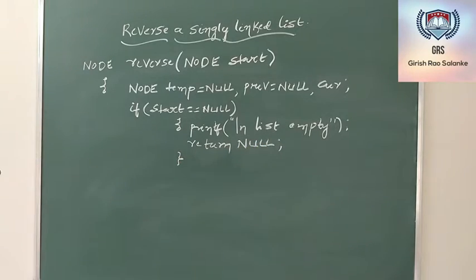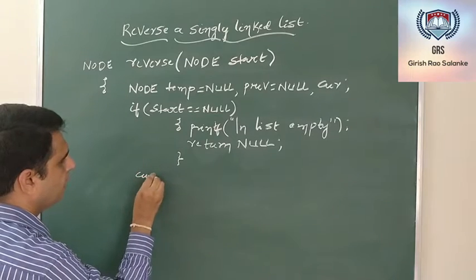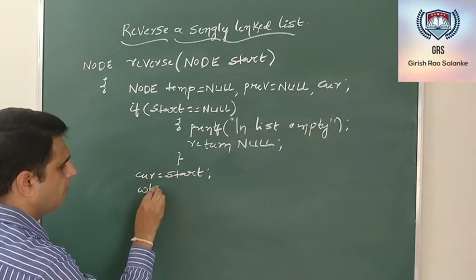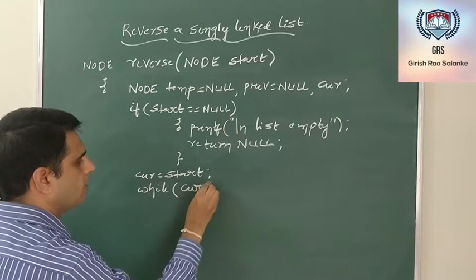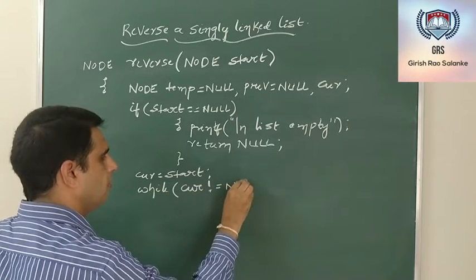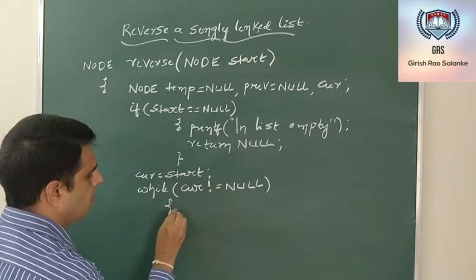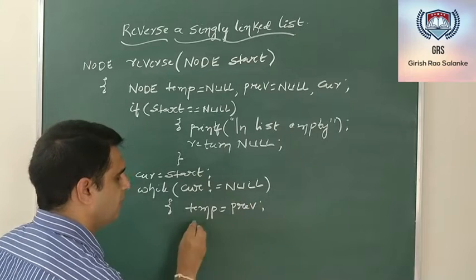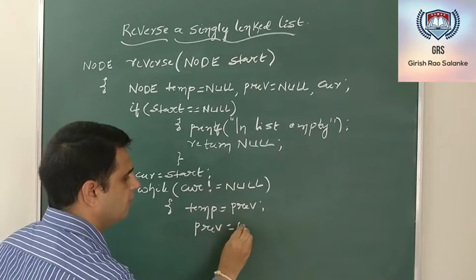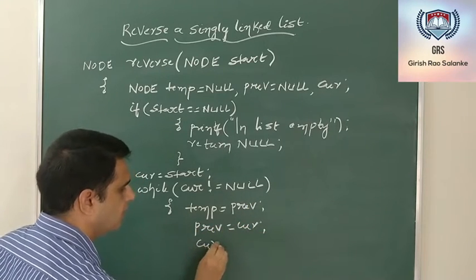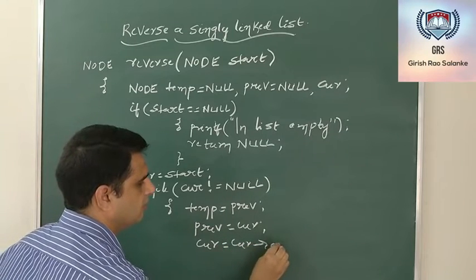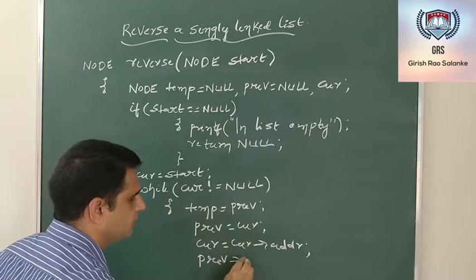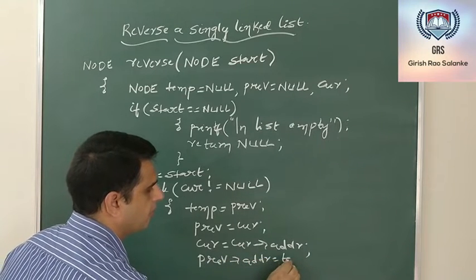Now if list is there, what we are supposed to do? Make current hold the address of the first node, while current not equal to null, temp is equal to previous, previous is equal to current, current is equal to current of address, and then finally previous of address pointing to temp.